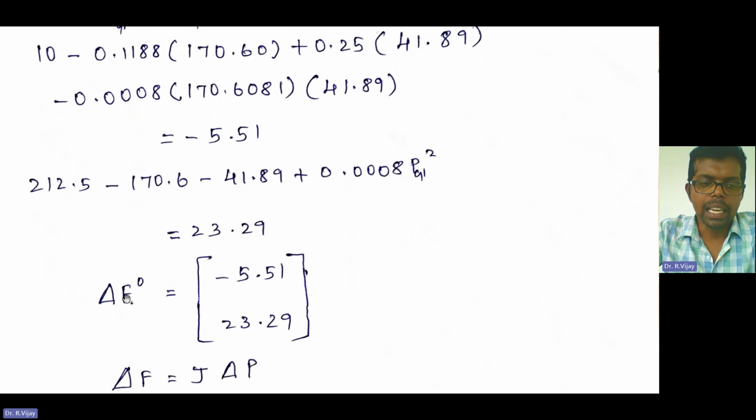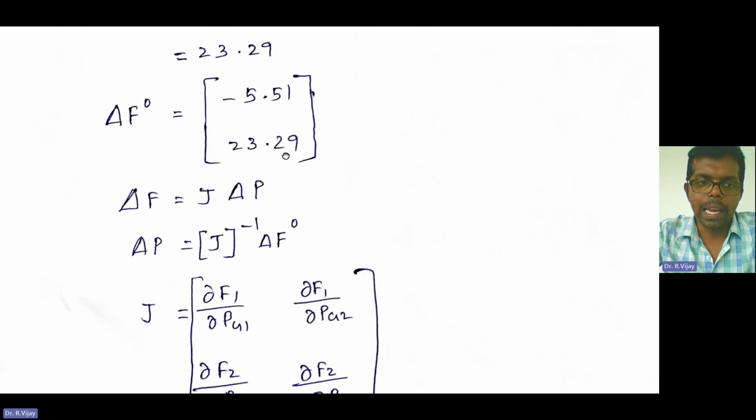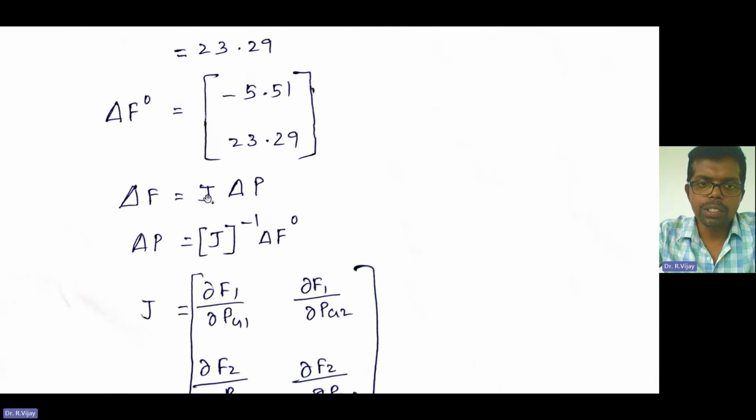So the change in the function del F naught is equal to minus 5.51, and next 23.29. Next, del F is equal to J into del P.